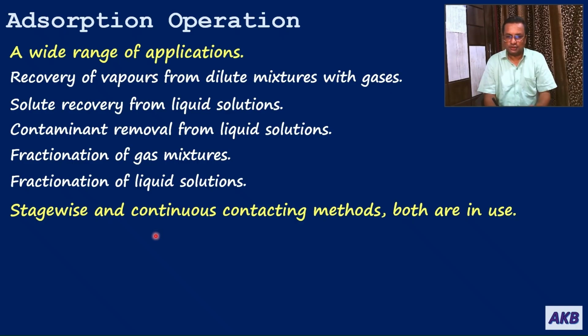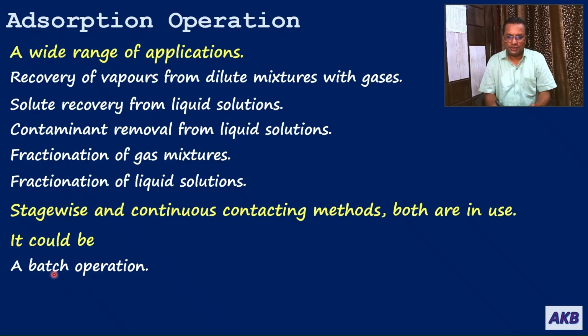So in industrial adsorption, the two phases could be contacted. Which two phases? The solid adsorbent phase and the fluid phase. They could be contacted in a stage-wise manner, or in a continuous manner. You can carry out the operation as a batch operation.